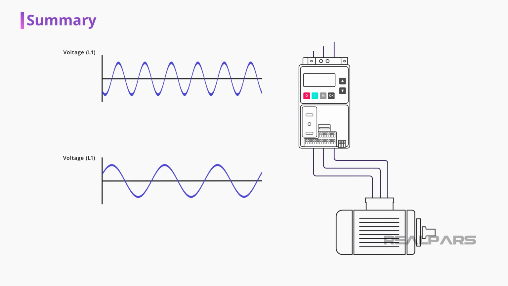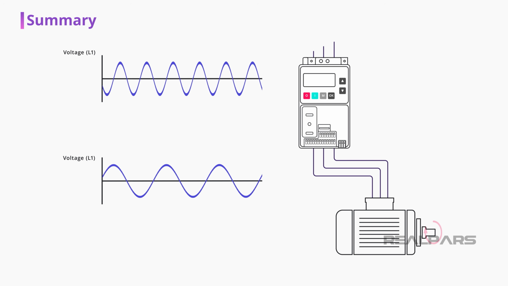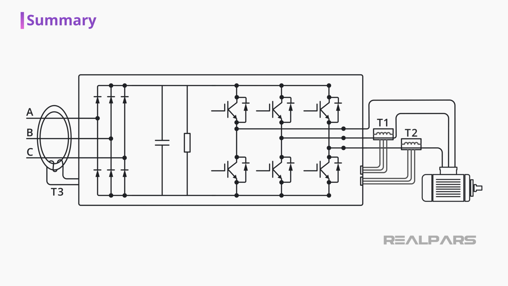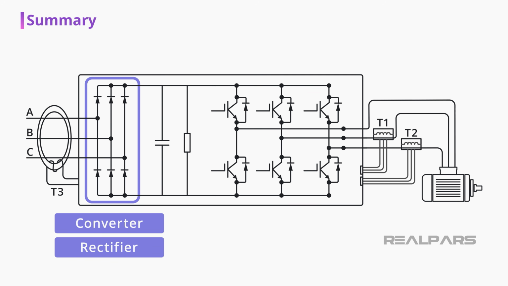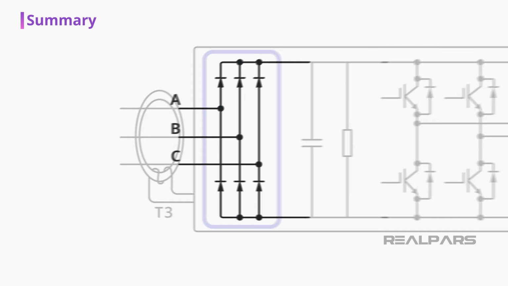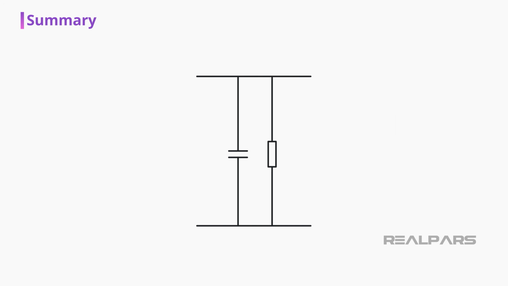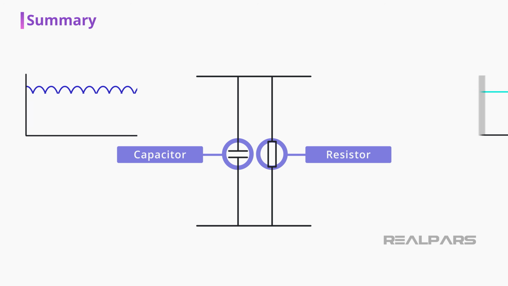Summarizing what we saw today, variable frequency drives allow for precise motor speed control by varying the frequency and voltage of its power supply. There are 3 main stages to a VFD. The converter, or rectifier, composed of diodes, converts AC to DC. The DC link, composed of capacitors and resistors, filters and buffers the DC.